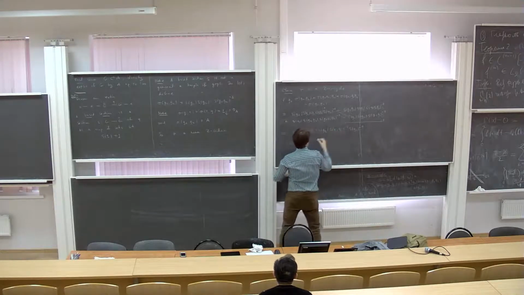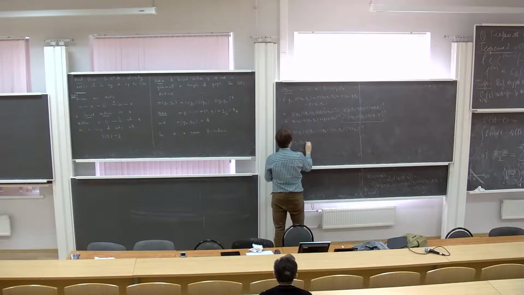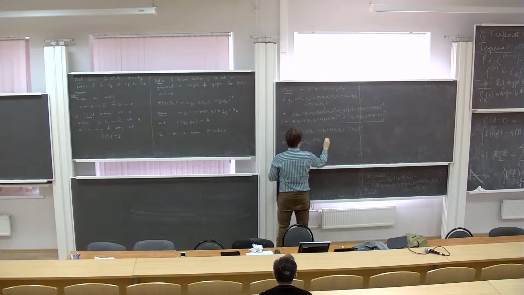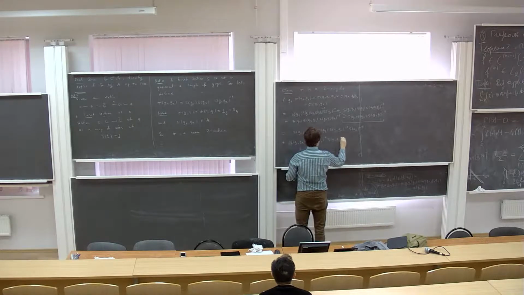Maybe I'll rewrite this one also with an inverse. So this will be S of G1 G2 G3, S of G3 inverse, S of G1 G2 inverse.